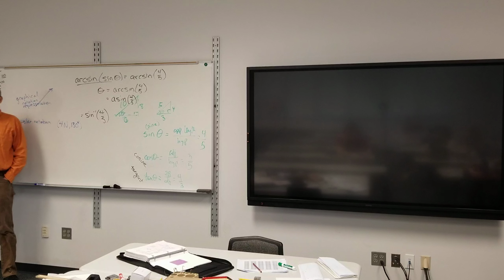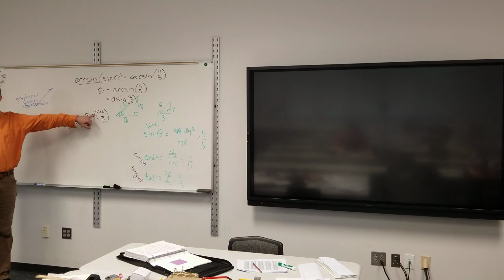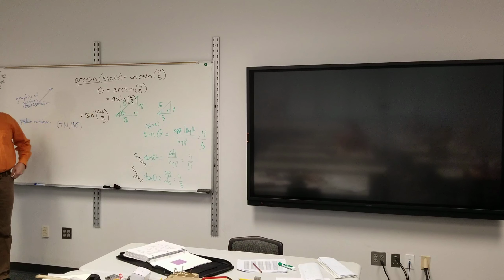I'm not a fan of this notation because usually something raised to the -1 is the reciprocal, and this is not a reciprocal. Sine to the -1 would be 1 over sine. It says that it's the inverse.